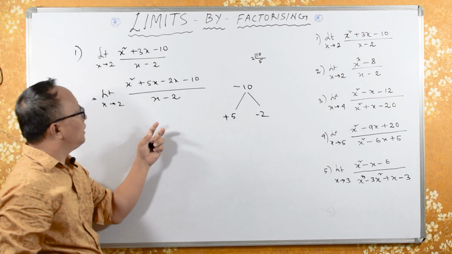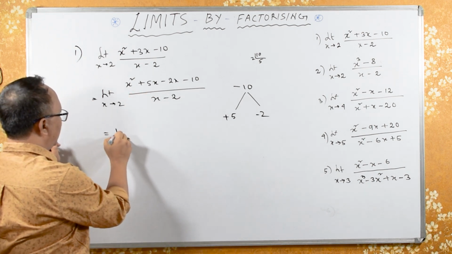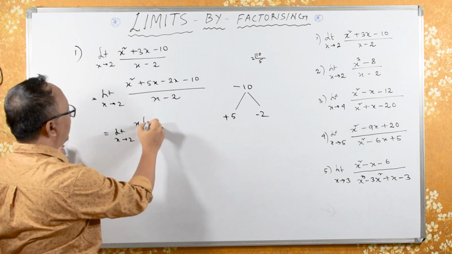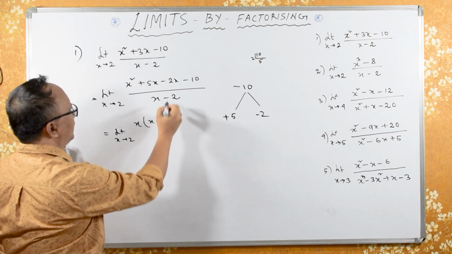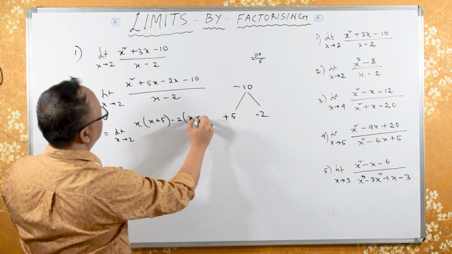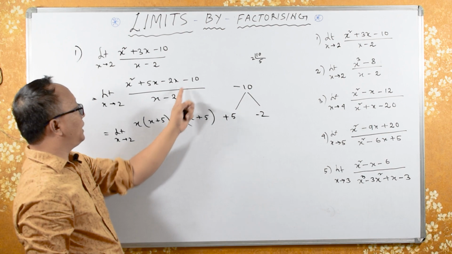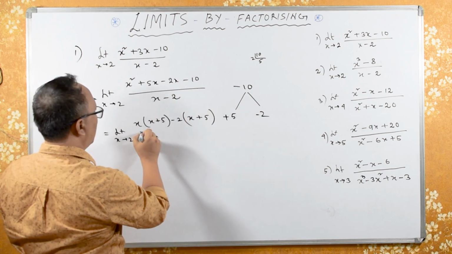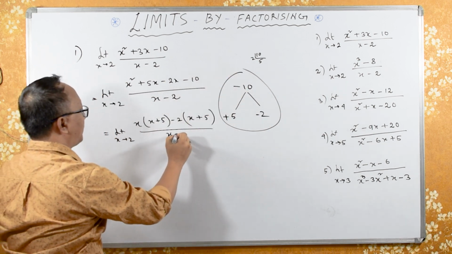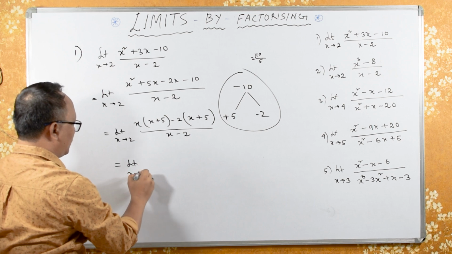Now from here I can take x common, which gives x plus 5, and here I can take minus 2 common, which gives x plus 5, because minus 2 times x plus minus 2 times 5 is minus 10, upon x minus 2.